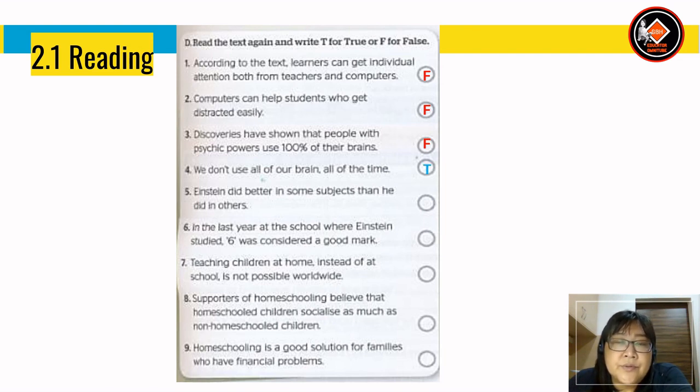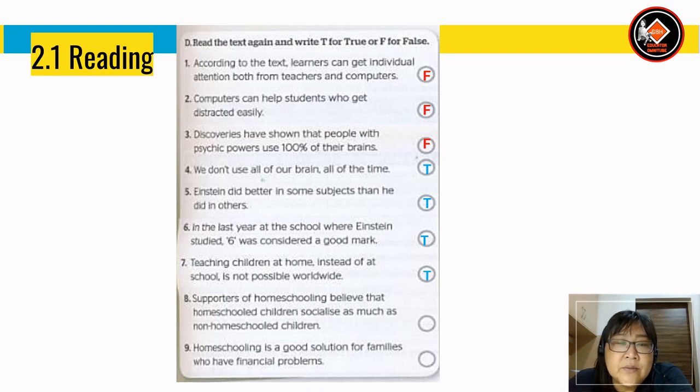So answer is true. Einstein did better in some subjects than he did in others. Answer is true. In the last year at the school where Einstein studied, 6 was considered a good mark. So answer is true. Teaching children at home instead of at school is not possible worldwide.